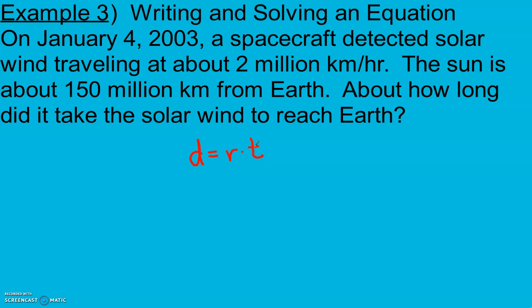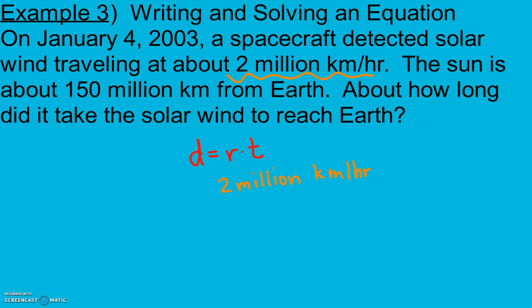So things like that. So here it says the wind was traveling at about 2 million kilometers per hour. That is our rate. So this is 2, I'm just going to write out million for now, kilometers per hour.